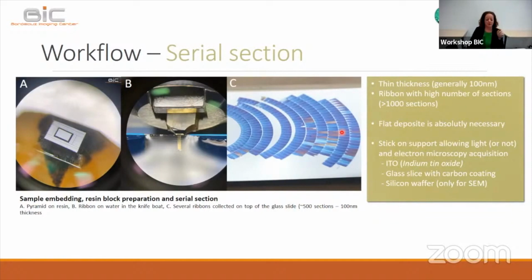But if you want to do just ultrastructure, so without immunolabeling, you can use a silicon wafer that is very, very flat and gives particularly good results for SEM observation.